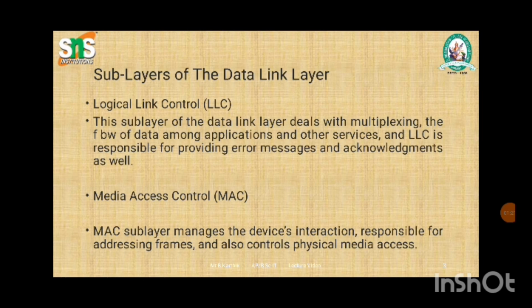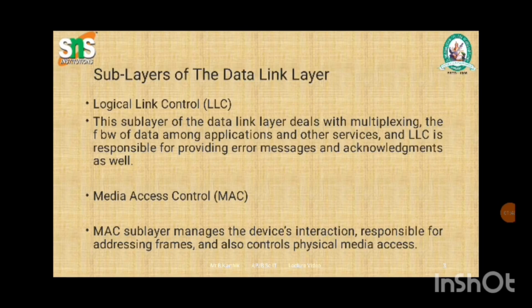Next, sub layers of the data link layer. The data link layer is further divided into sublayers, that are logical link control and media access control. Logical link control deals with multiplexing the flow of data among applications and other services, and is responsible for providing error messages and acknowledgements as well.